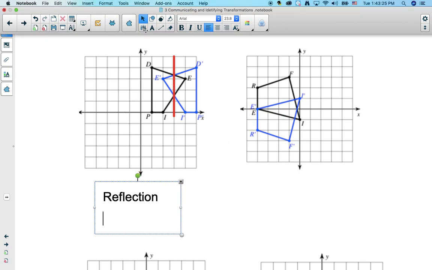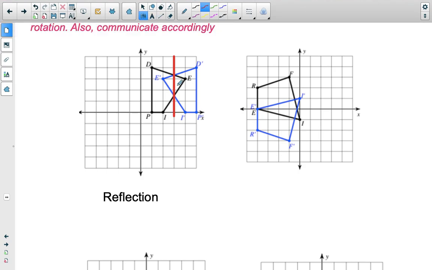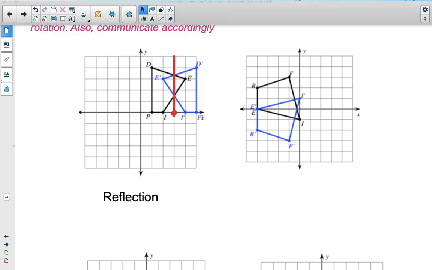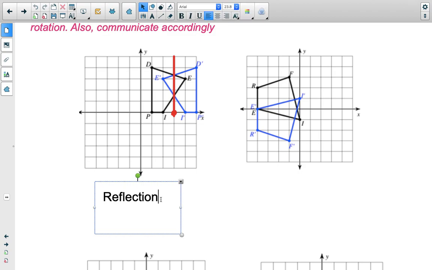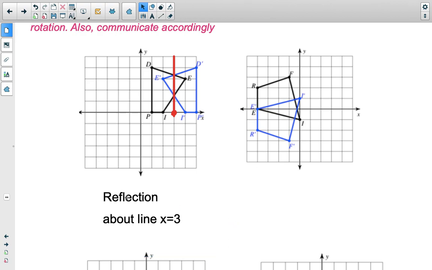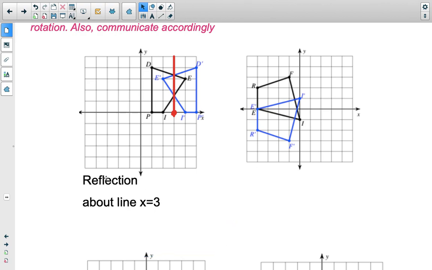This point right here is x equals 1, 2, 3. So x equals 3. So it's a reflection, and then we reflect about the line x equals 3. So this is a reflection about line x equals 3.